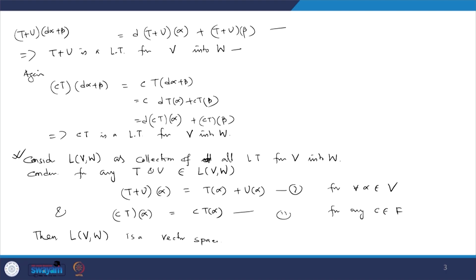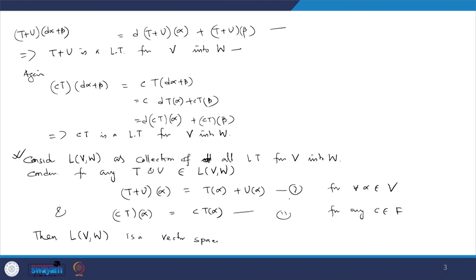So, (T plus U)(alpha), which is equal to T(alpha) plus U(alpha), one can write down again as U(alpha) plus T(alpha) also, because these are elements in the vector space W. So, it satisfies the commutative property. Therefore, it satisfies all these axioms of the abelian characteristic of the space L(V,W) with respect to addition.